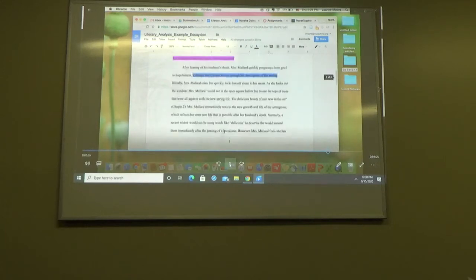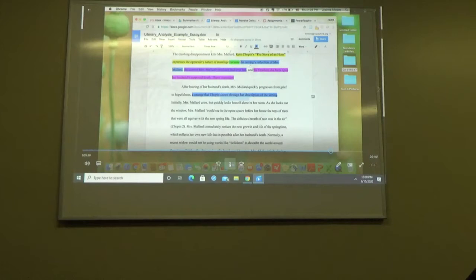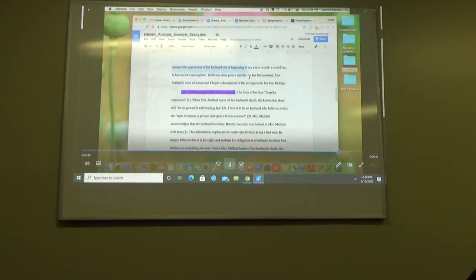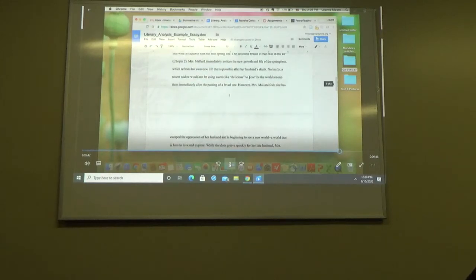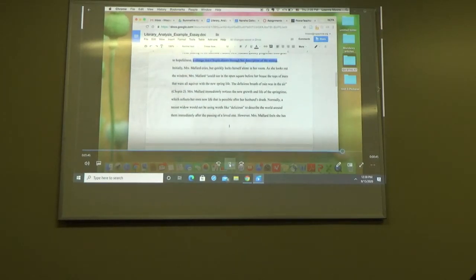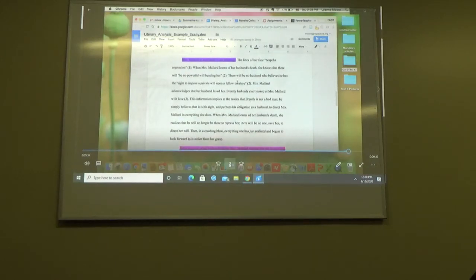So what we see in the body paragraph is the reason that's listed in the thesis statement, the reason, the evidence, and then an explanation of how that evidence supports the reason that she gave. Okay, so reason, evidence, and then an explanation. And that's what you're going to do with the next 2 body paragraphs. It's the same thing.